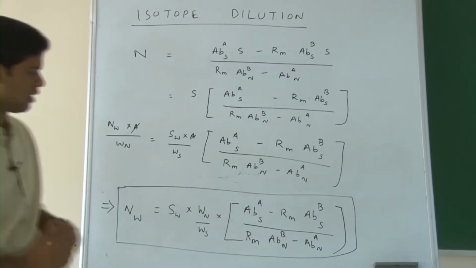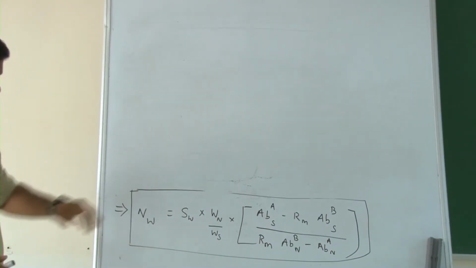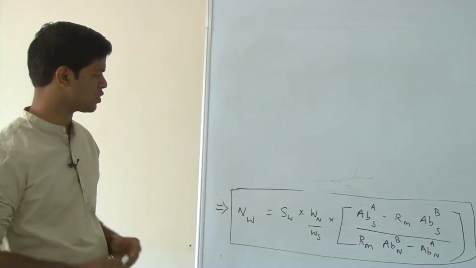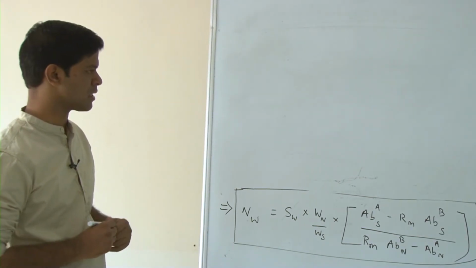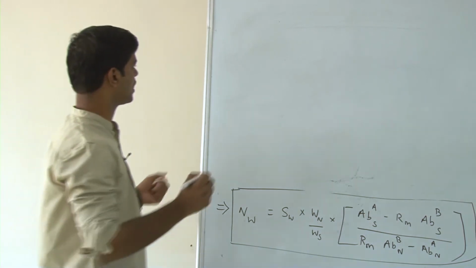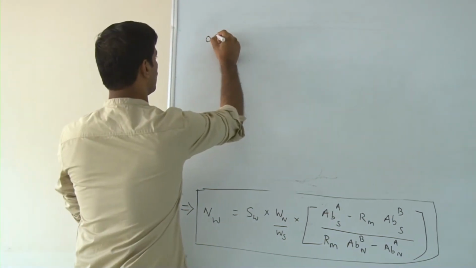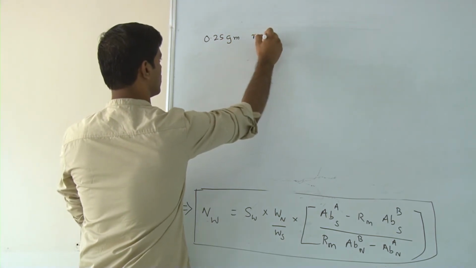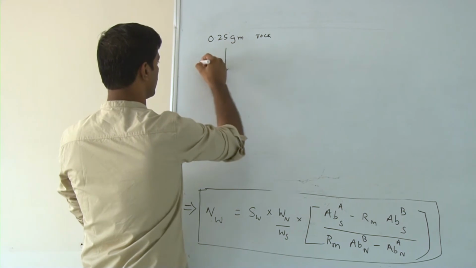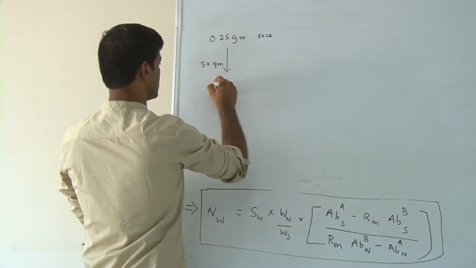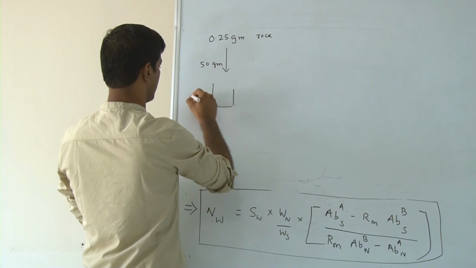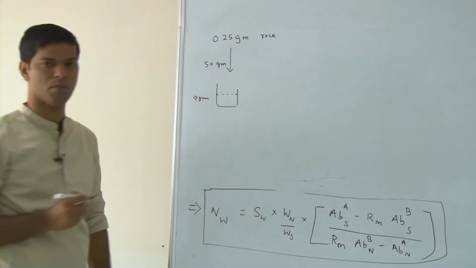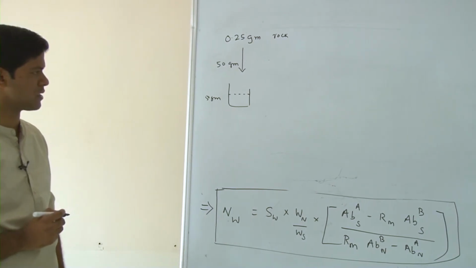We will do a numerical based on this expression, to see how people extract the concentration information using this isotope dilution expression. Let us say you have taken 0.25 gram of a rock, and then you dissolved it to 50 grams. So, basically you have a solution of 50 gram, which has 0.25 gram of this standard.